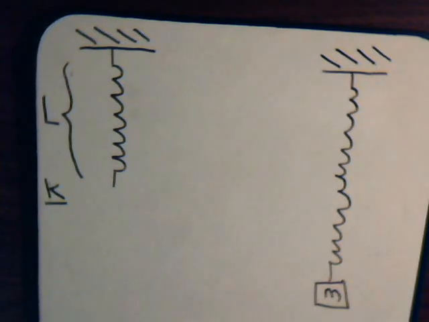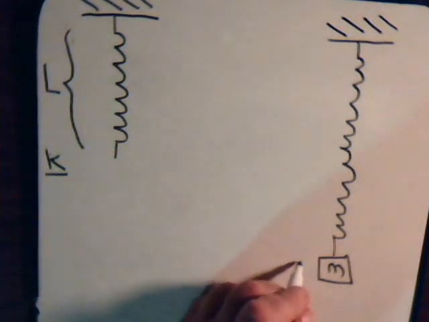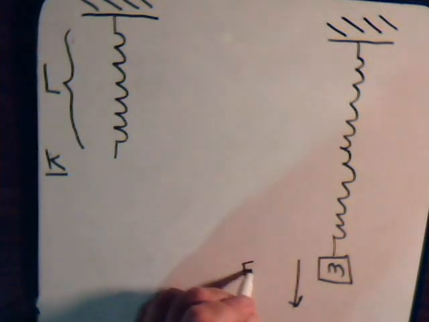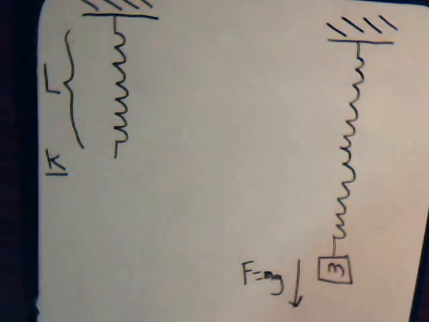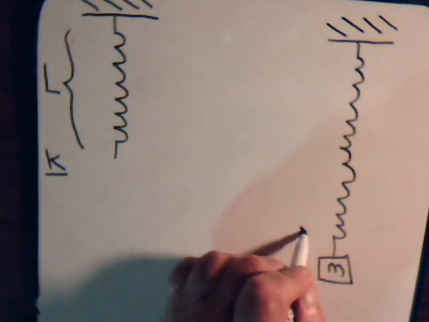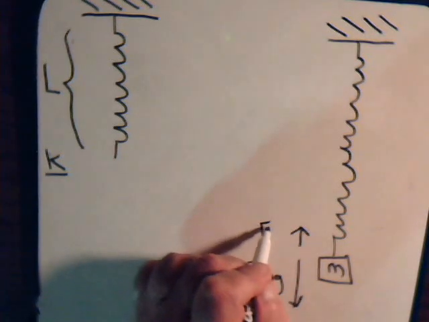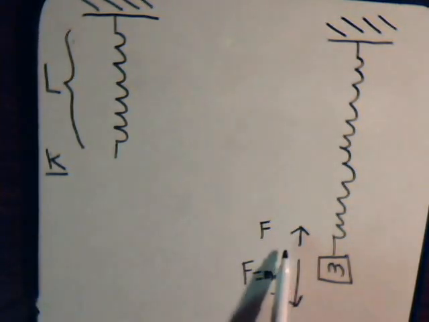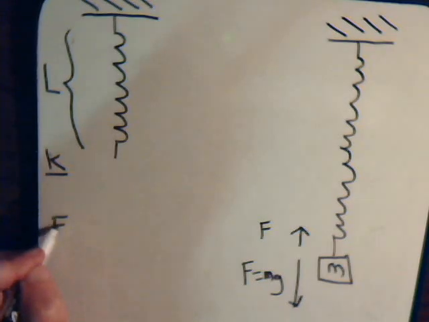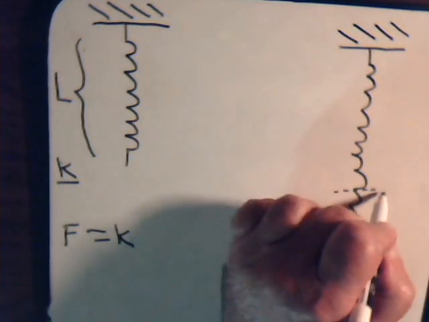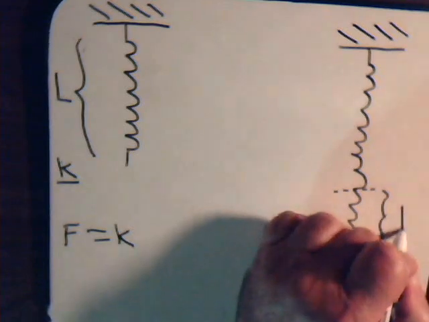Like this. So we got a force F going down. And of course, once it gets stretched out and it stops, there's a corresponding restoring force F, and that restoring force F equals the spring constant, that's K, times the amount of displacement, and let's call that displacement X. So F equals Kx.